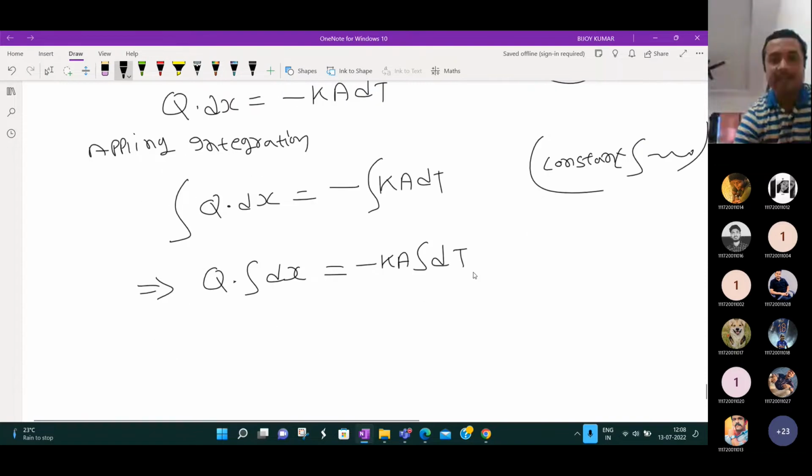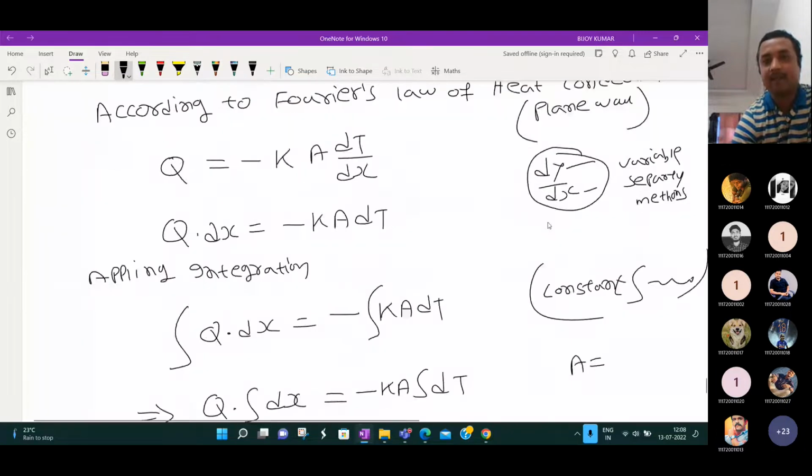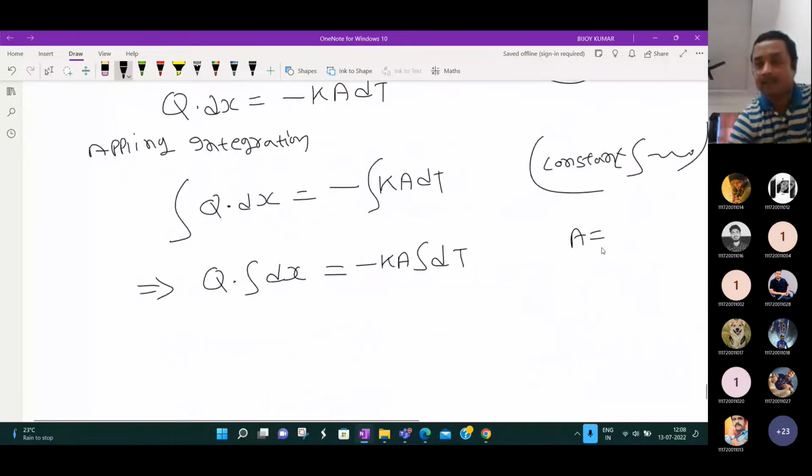The heat transfer area of the object is always constant because this is a physical object, it will not change. What is k? It is a property of the material. These are constant, so I will keep them outside the integration. Then why is q constant?